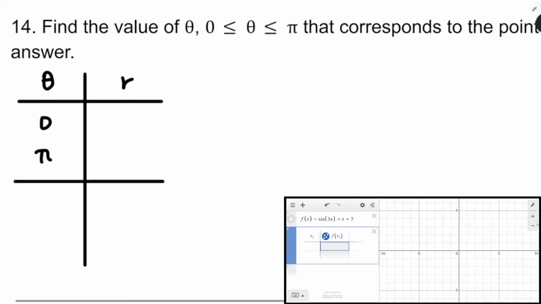That will really speed things up for me. 0, pi, and then I'm going to need to find any other values. You can turn that off if you don't want to look at that, but I'll fill in a table since I've got the calculator. 2 and 5.142.